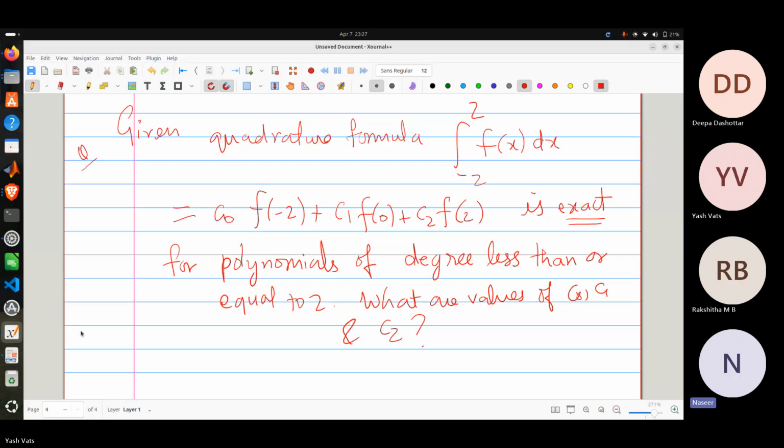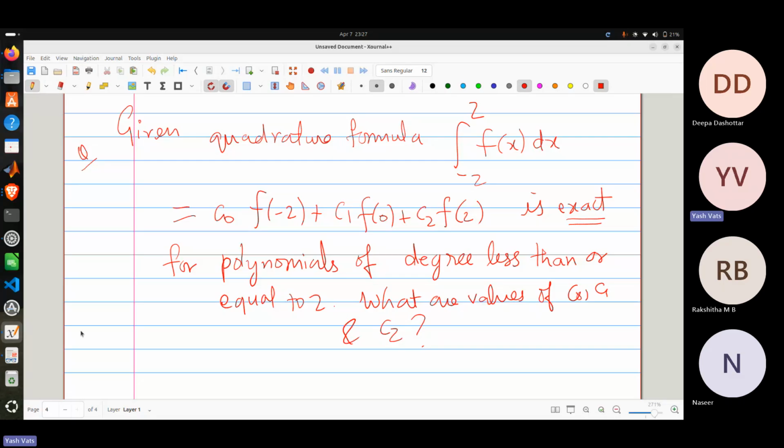So in that case, the step size will be 1. Yes, in this case... The step size should be pi by 2.